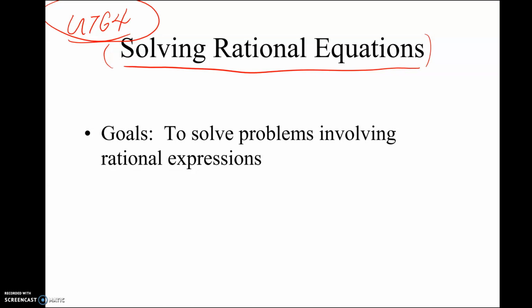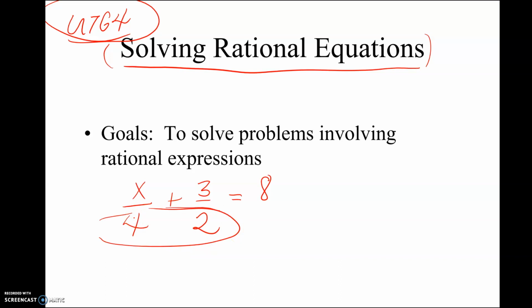One thing that kind of helps me with these ones is to try to think of a simpler problem. So if I had something like this, what I could do if I don't really want these fractions is I could do what's called clearing the fraction.